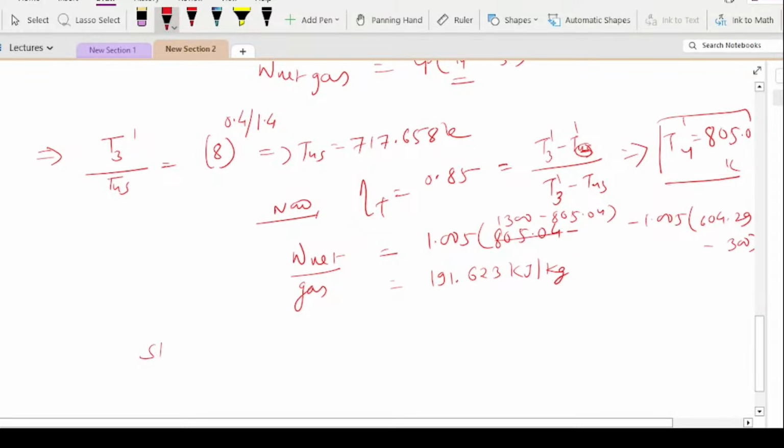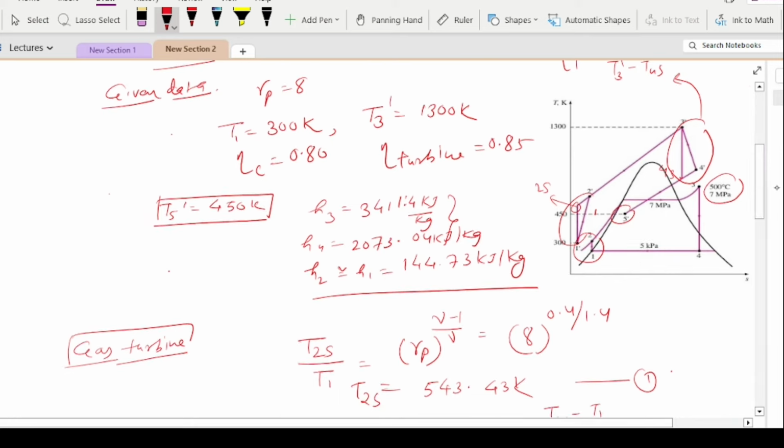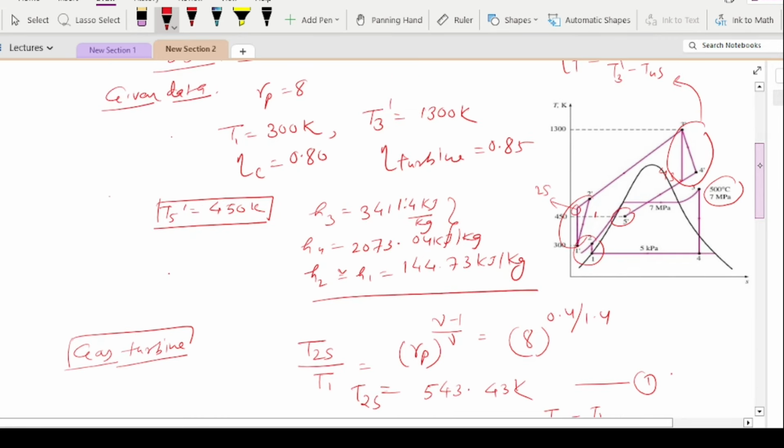Now let us analyze the steam cycle. In this steam cycle, first we have to determine the proportion of gases in the gas turbine vis-a-vis the proportion of steam in the Rankine cycle.